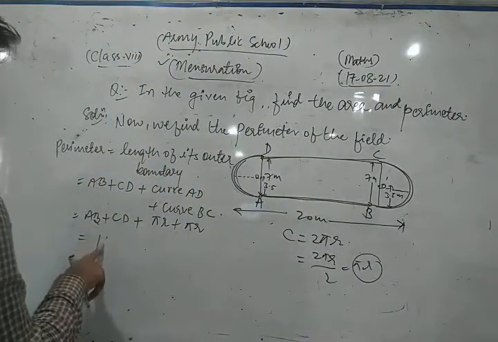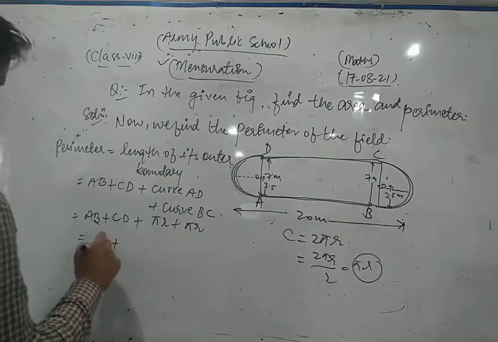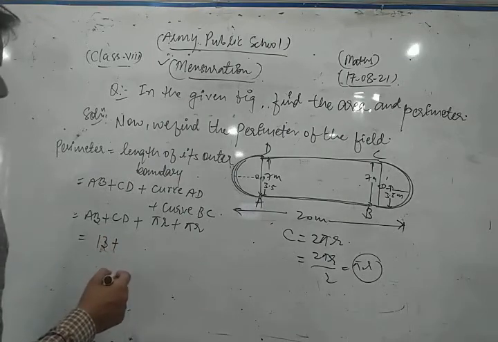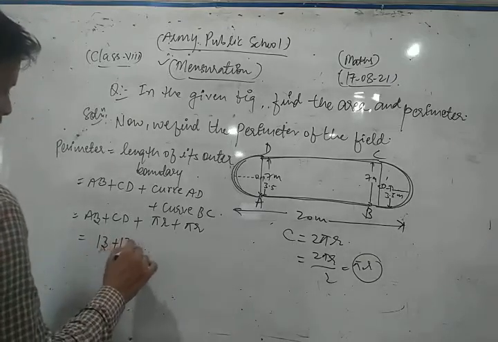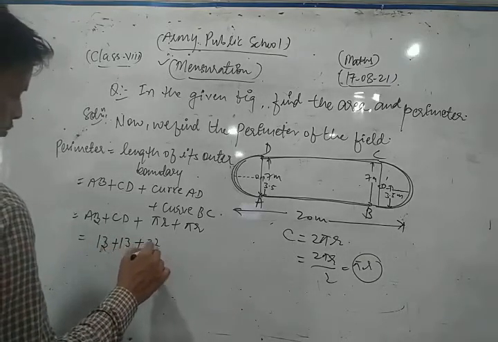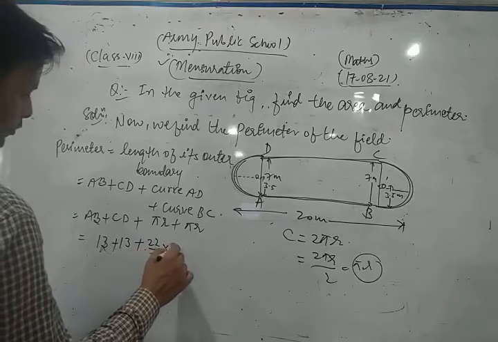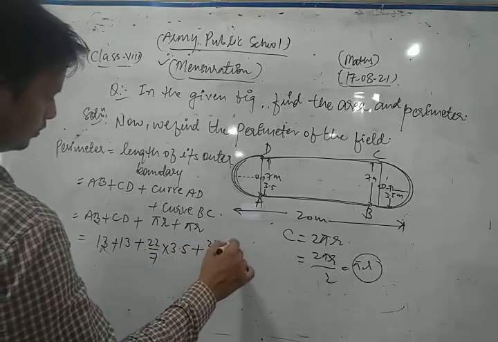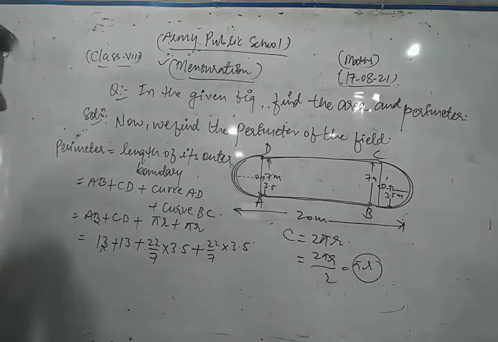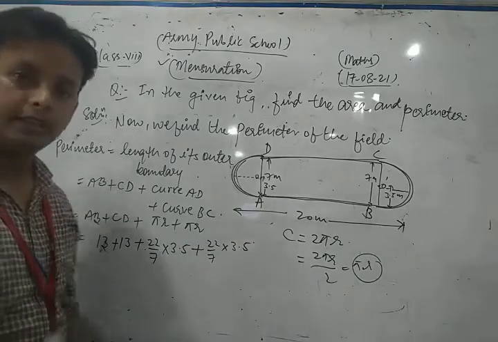So AB is what? 13 plus CD is what? 13, no? Yes. Pi, the value 22 upon 7 into r is what? 3.5 plus 22 upon 7 into 3.5. So now we simplify them.